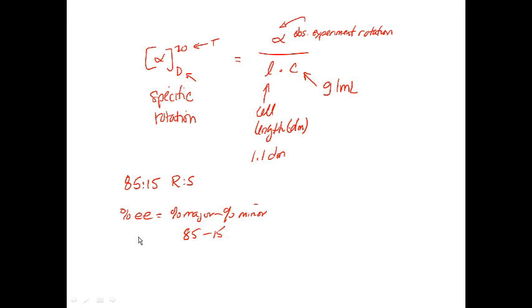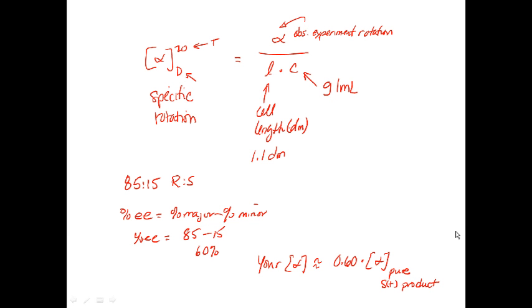The percent enantiomeric excess that we predict in this reaction is about 60%, which means that if you want an idea of how pure your sample is, your specific rotation should be approximately 60% of the specific rotation for the pure S plus product.